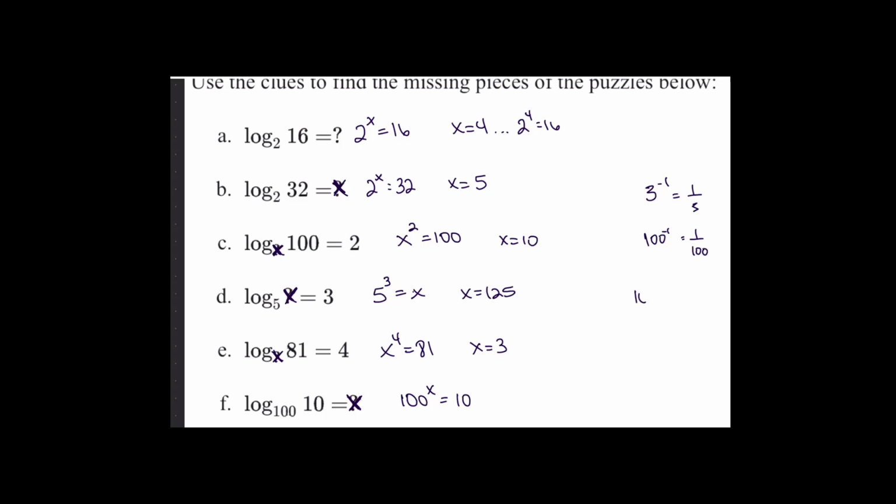Okay, so if we have 100 to the 1/2, we learned about how fraction exponents become radicals, right? Those are the roots. Technically, the 1 would be here, and the 2 would be there.